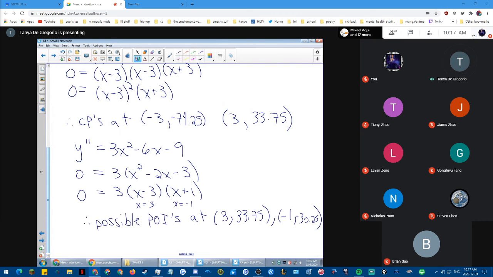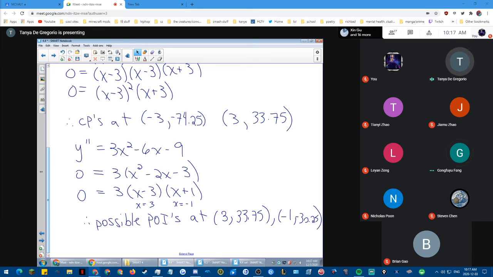Are there any questions? You guys feel good about this? Yes. Zero. Why is it still a critical point? Why is what still a critical point? If I test max and mins, if the answer is 0, why is it still a critical point?